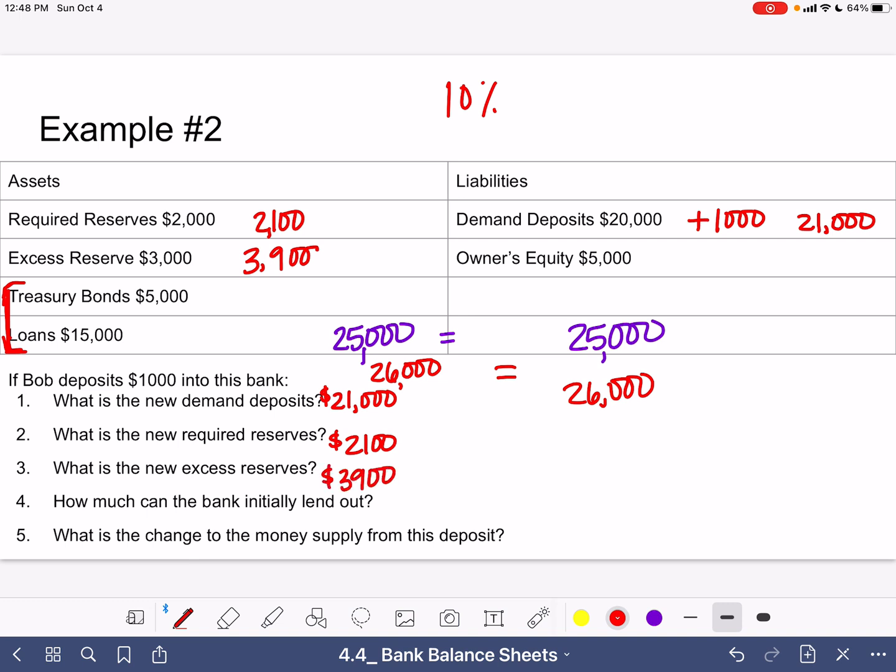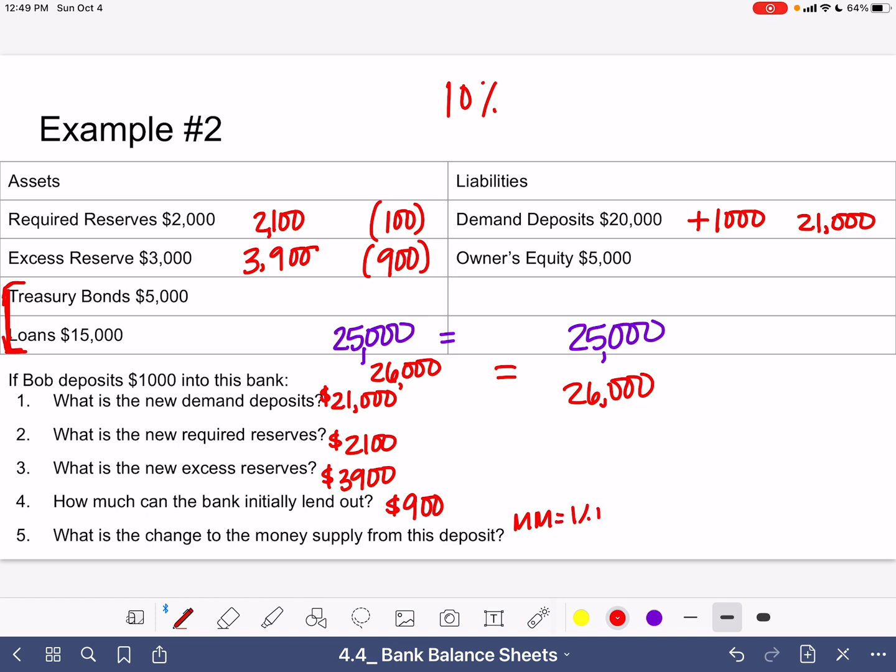And now how much can this bank initially lend out based on this deposit? Well, it's that $900 that went into the excess reserves. So we put $100 from that deposit into the required reserves, and then we added $900 into the excess reserves. So what is the change in money supply from this deposit? First, we need our money multiplier.